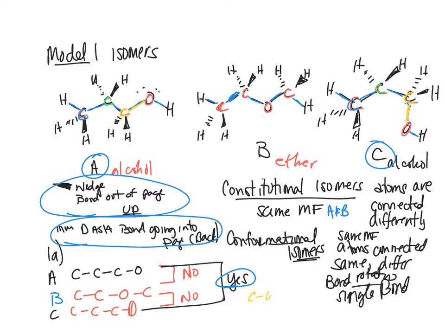So the carbon-oxygen bond has been rotated. Is that what you noticed? Okay. Based on the definitions in Model 1, would A and C be constitutional isomers or conformational isomers? What did you decide? So A and C are conformational isomers because their connectivity is the same, but their rotation around the single bond differs.